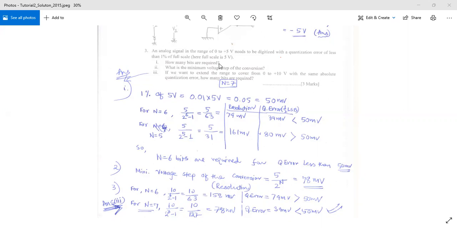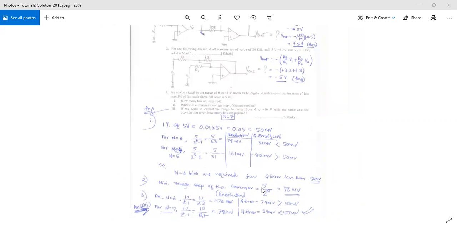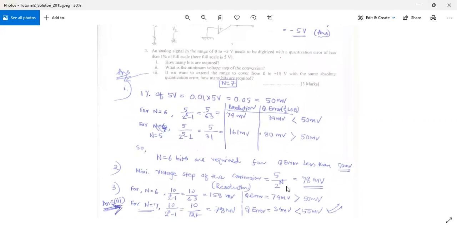So 50 millivolt is our absolute quantization error, and that is what we are going to be using in part 3 of this particular question. That is why we are using 50 millivolt to find the solution for part 3.